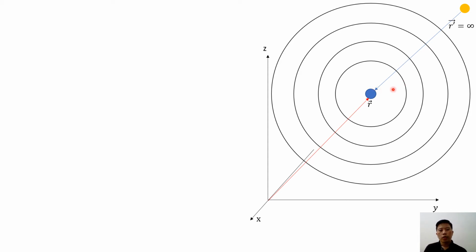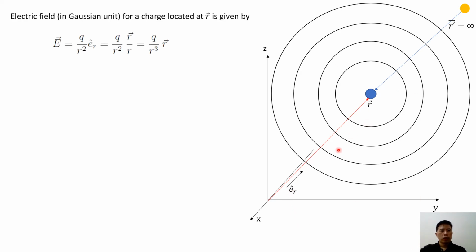So normally we can solve this equation in a Cartesian coordinate if you like, but it is much easier if you write your electric field in terms of a unit vector in the r direction. So this is a unit vector in the r direction. So in Gaussian units, the electric field is written like this, and here you have to be very careful because now you have an r squared over here, and this is a magnitude, right?